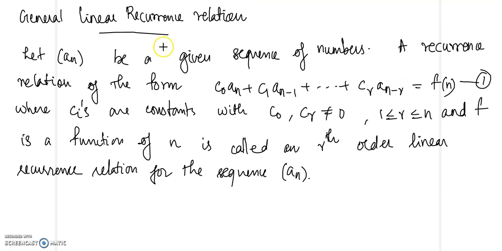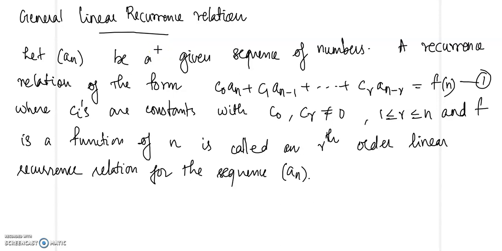Now let us look at how to solve a non-homogeneous equation. Let us look at how to solve a general linear recurrence relation. So till now we have seen how to solve a linear homogeneous recurrence relation.